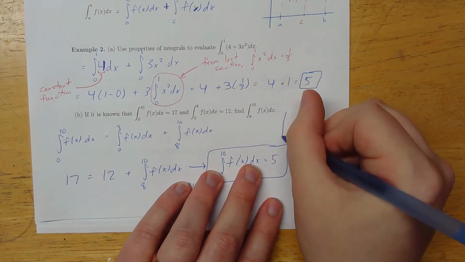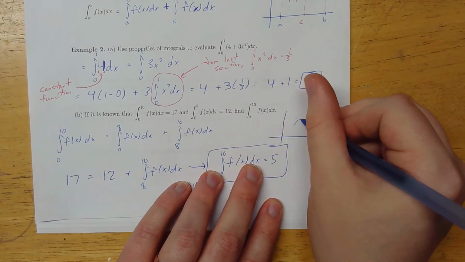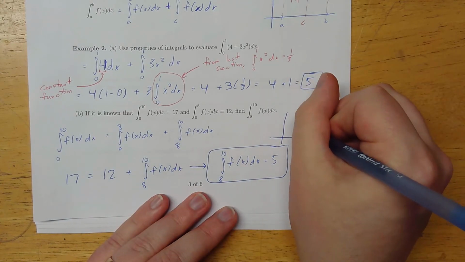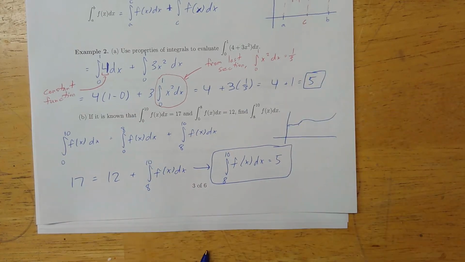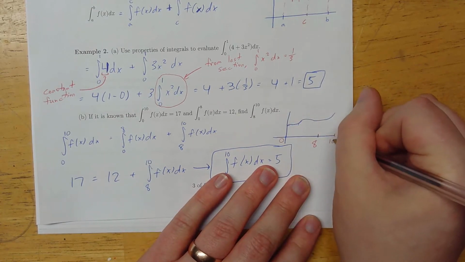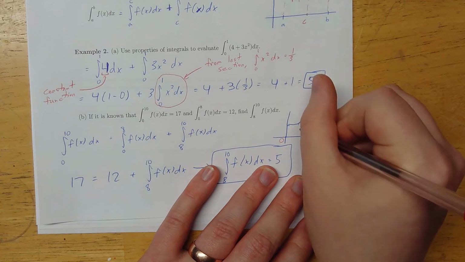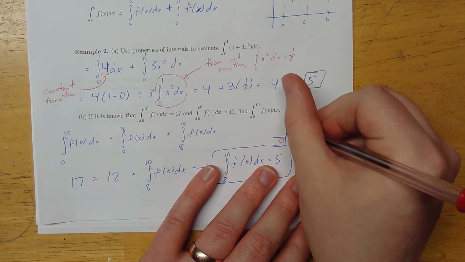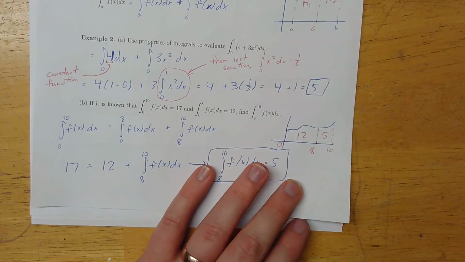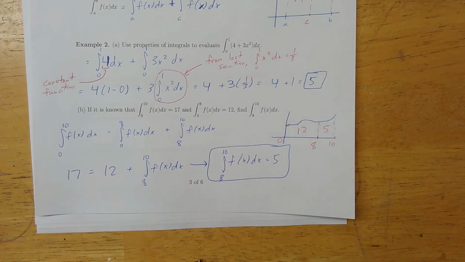So essentially, we just had something where we knew that the area from 0 to 8 was going to be 12, and we needed to find out this other piece here, and we found out at the end of the day that the area under the curve there was 5.